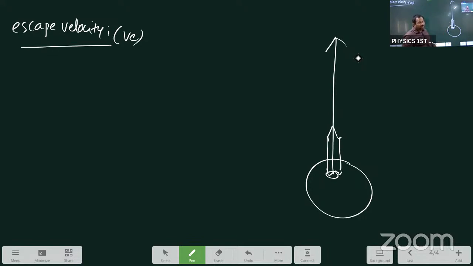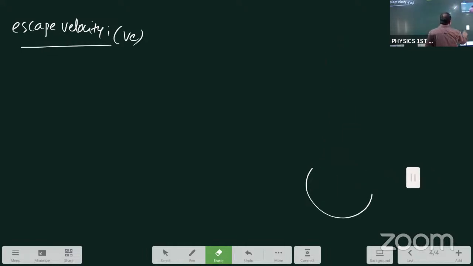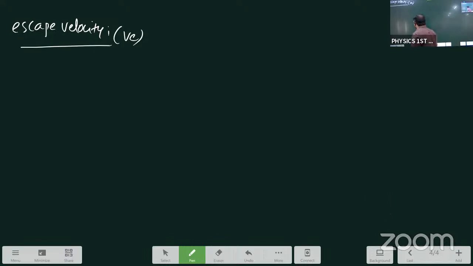So, minimum velocity, as in the previous definition also: minimum velocity required for an object to escape from the ground, to escape from the Earth, to escape from the gravitational field. This is vertical velocity; the previous case was horizontal velocity. Now you write it in simple words. That is escape velocity. Now the statement.